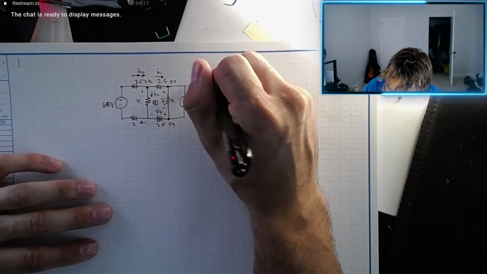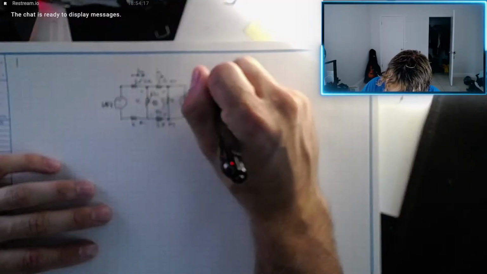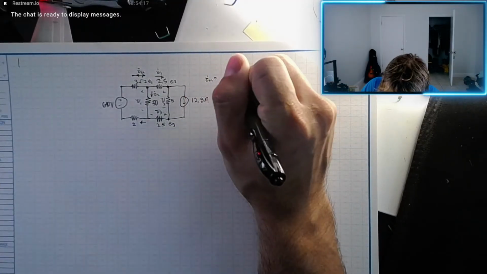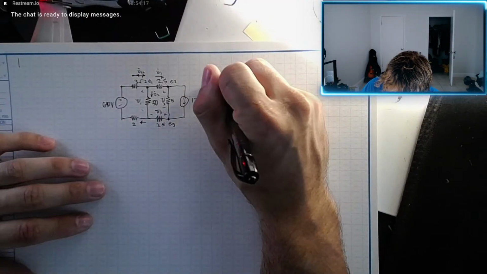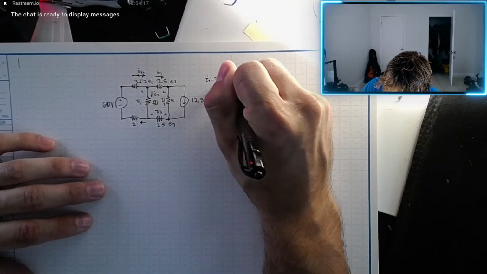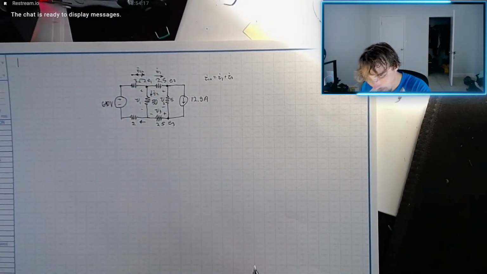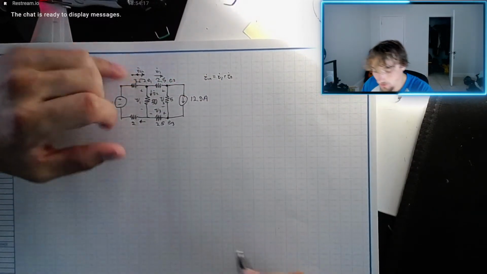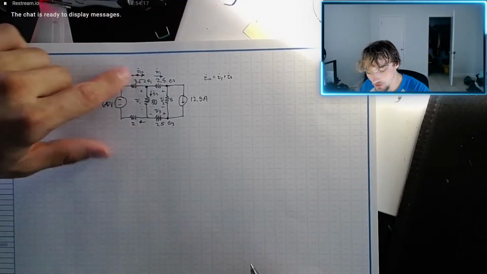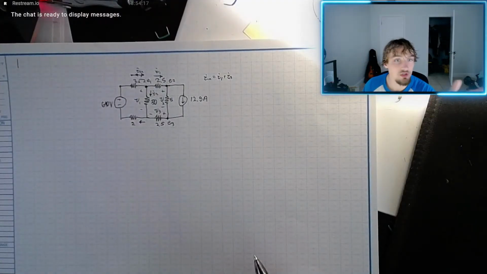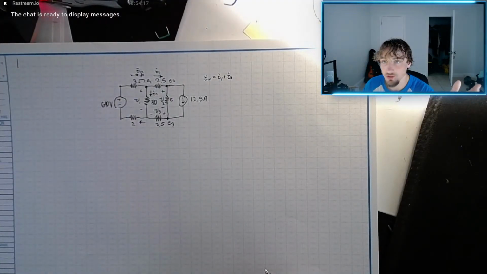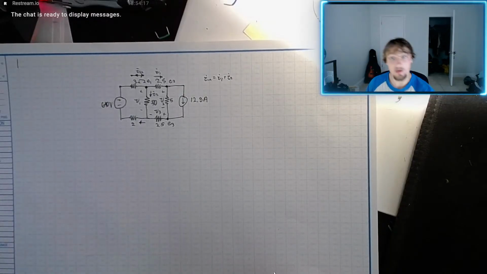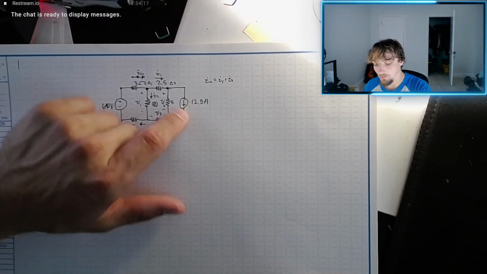Okay, so the equation for node E1 is IN equals I1 plus I2. This is using KCL, right? Because we have one current entering the node, and we have 2 exiting. If the current's entering the node, do we want it to be positive or negative? In this scenario, we could choose either.